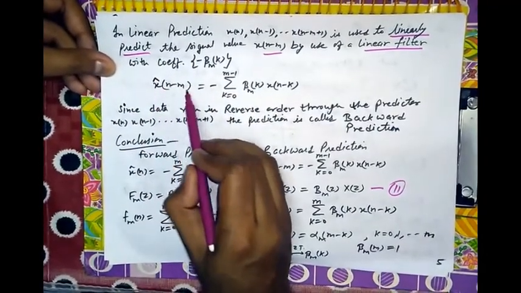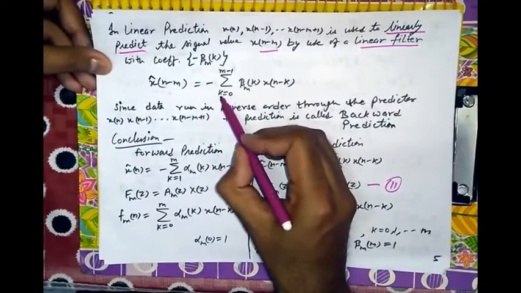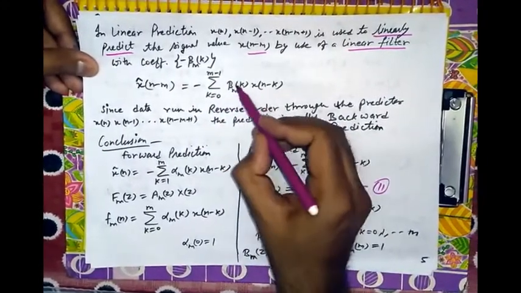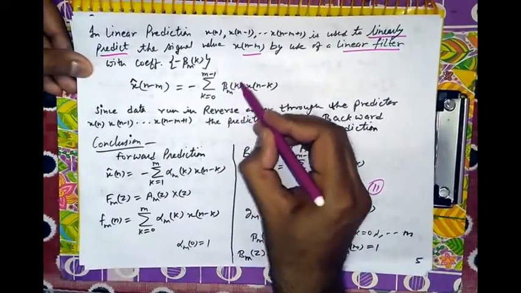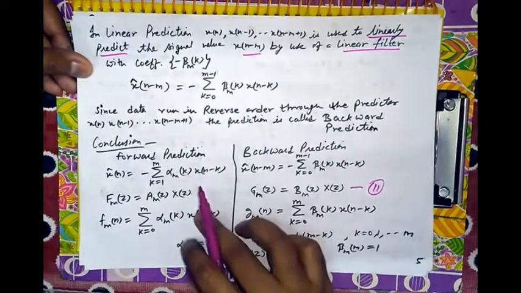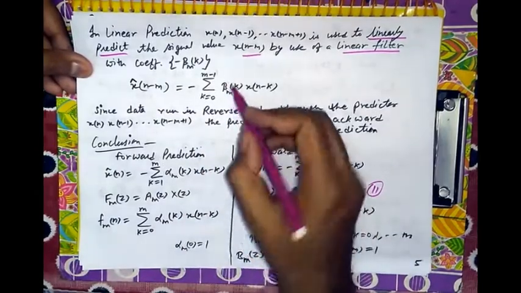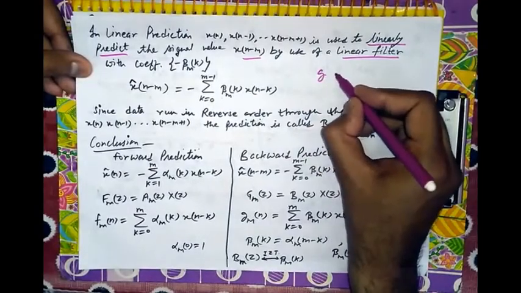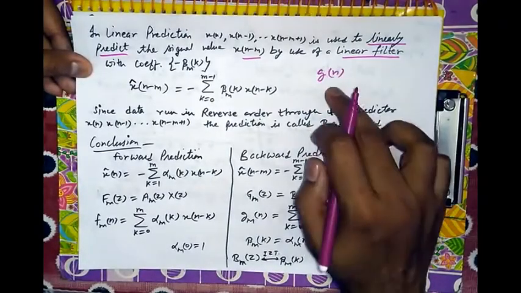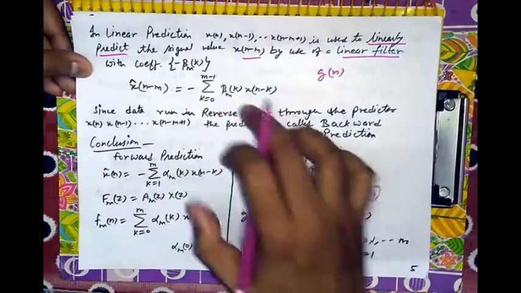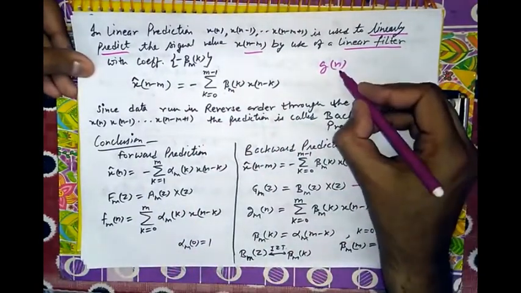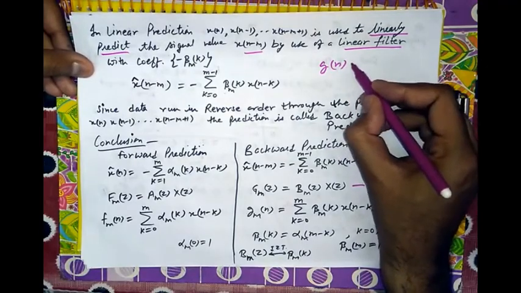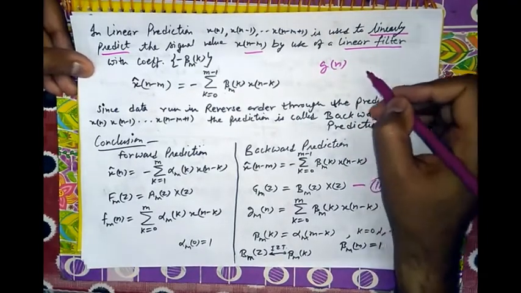x cap n minus m is equal to minus summation k varies from 0 to m minus 1, beta mk xn minus k, where betas are the coefficients of the filter, and this filter is signified by g. So the gn function is used to signify this filter in reverse order, because its coefficients are in reverse order of that of fn.